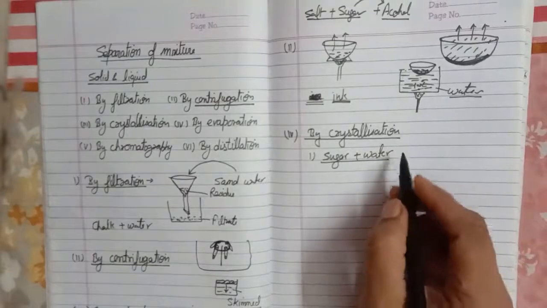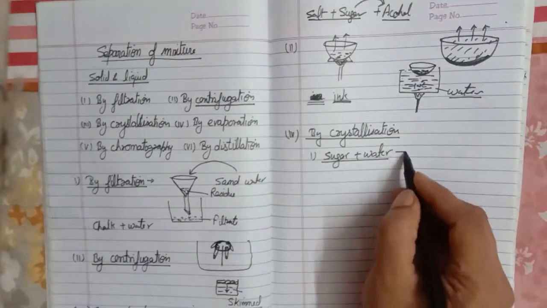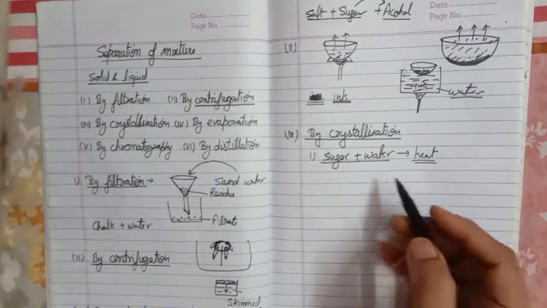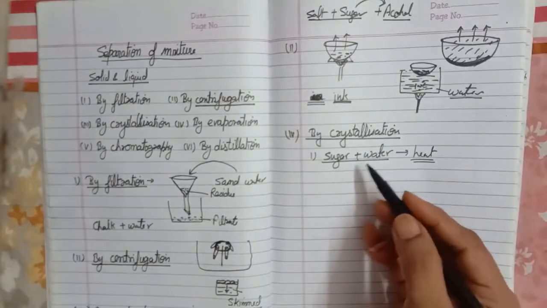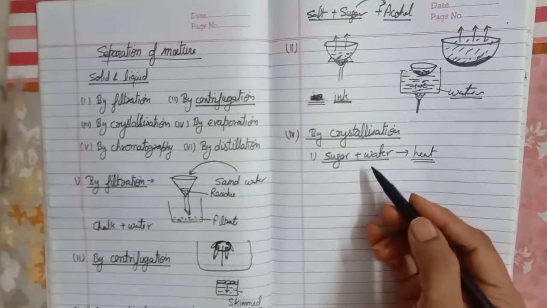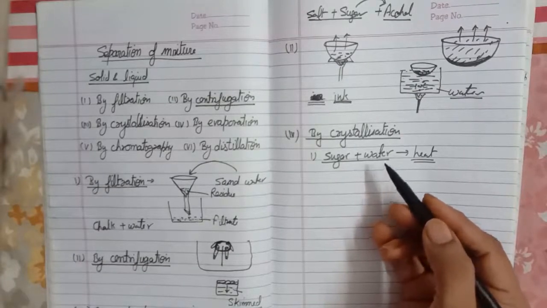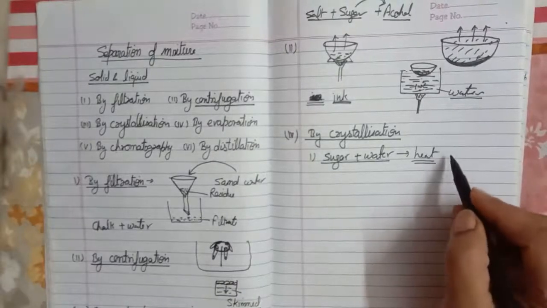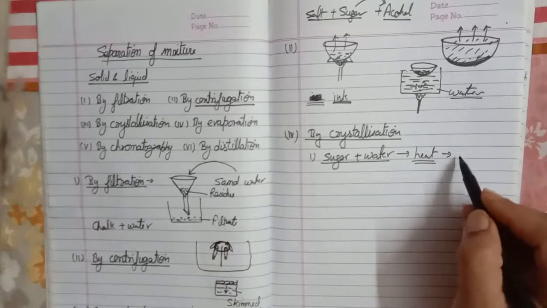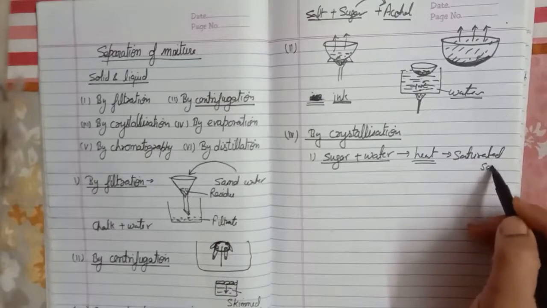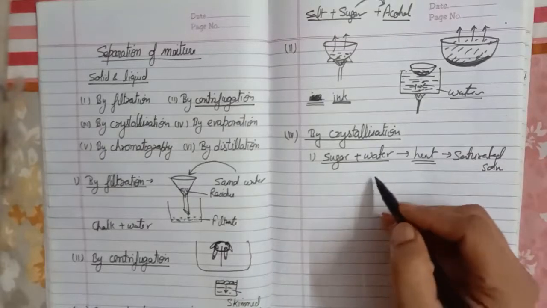First we will heat this mixture such that we get a saturated solution of sugar and water. Saturated solution again means one in which we cannot add more solute.